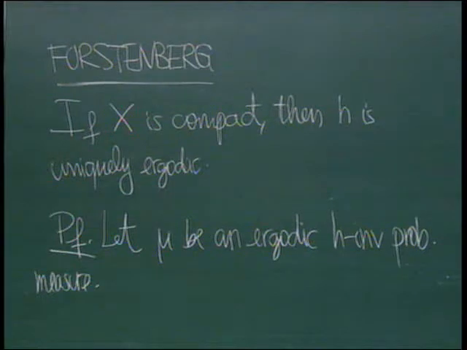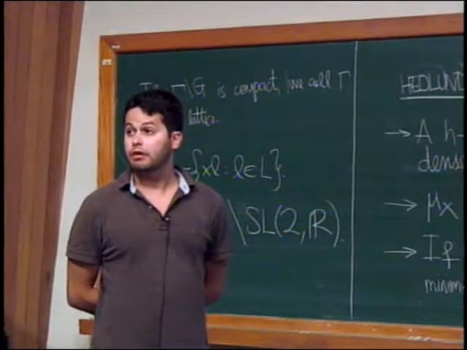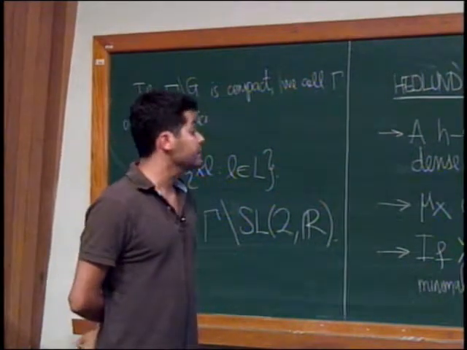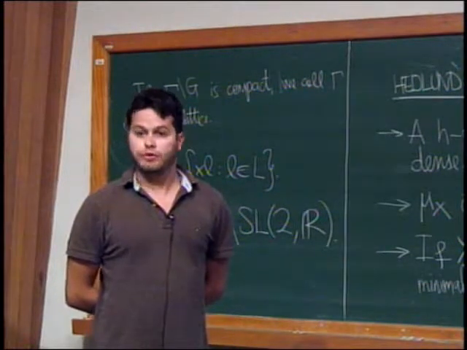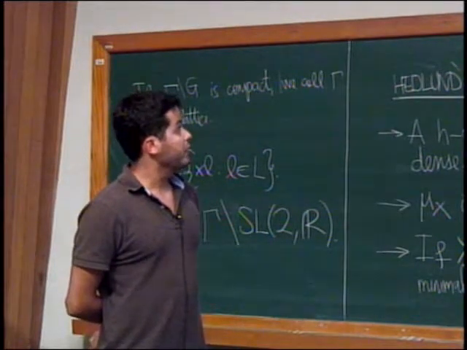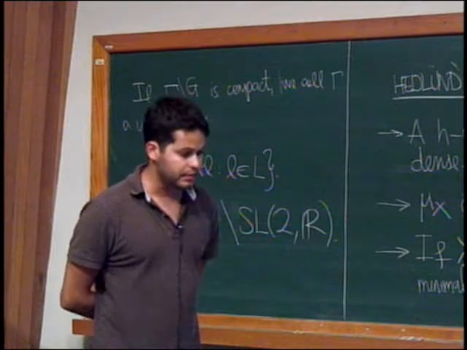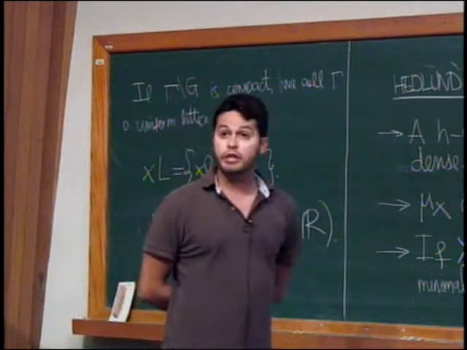If you have this, and you know that the horocycle flow is a one-parameter closed subgroup generated by unipotent elements, you could apply Ratner's measure classification theorem to conclude that this measure mu is actually U algebraic. So if it is U algebraic, what does this mean? This means that the measure is a Haar measure.